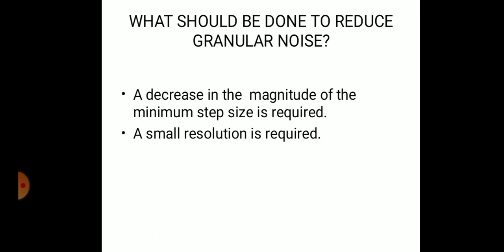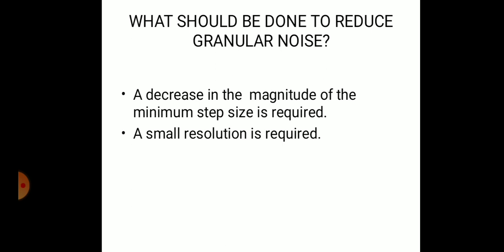Just the reverse of slope overload, because in case of slope overload, the first point was an increase in the magnitude of the minimum step size, but here we can see a decrease in the magnitude of the minimum step size. Number two for slope overload was a large resolution is required, but here a small resolution is required.